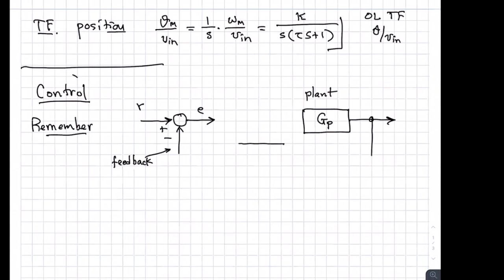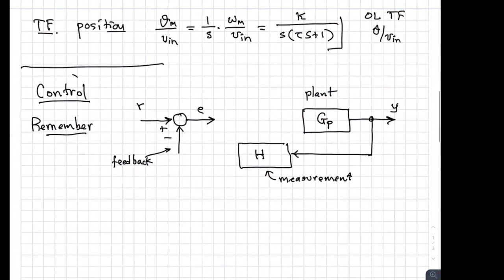We might have a transfer function that represents the measurement, a measurement transfer function that takes, let's say this is a variable y. It takes y and gives us a measurement of y, and feeds that back so we can form the error. Then in a typical controller, that error would go into some kind of controller transfer function to give us the driving input.